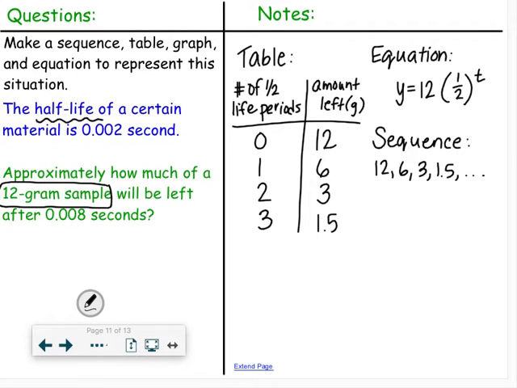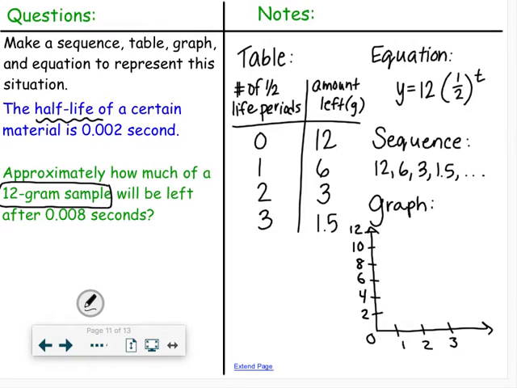Last would be the graph. This graph, I'm not going to put a gap in. This one's going to look really good. So down here on the bottom, number of half-life periods. And then on the side, I'm going by 2s.